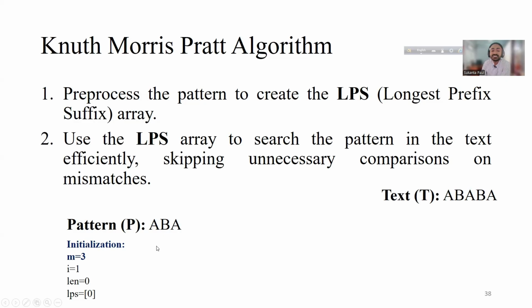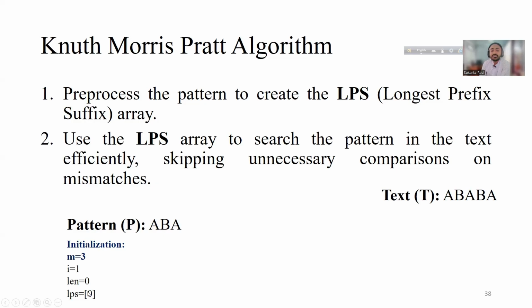And we consider i equal to 1, the second character of the pattern, and len is equal to 0. That means initially we have 0 length of the longest prefix suffix. Before scanning the pattern, we have 0 length, so the initial position of the LPS array should always contain 0.